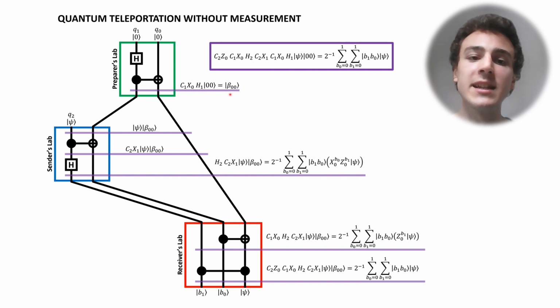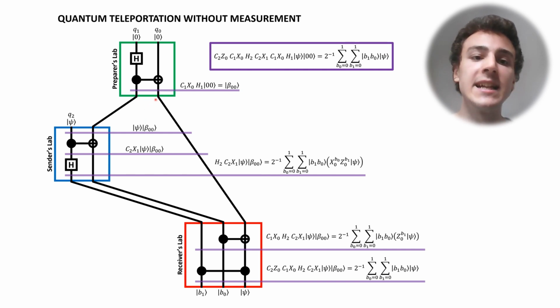The Bell state is labeled by beta sub 0, 0. This Bell state describes an entangled pair of qubits. The entangled pair of qubits need to be distributed to the sender's lab and the receiver's lab. There is a single qubit quantum channel between the preparer's lab and the sender's lab, and this quantum channel is used to send Q1.